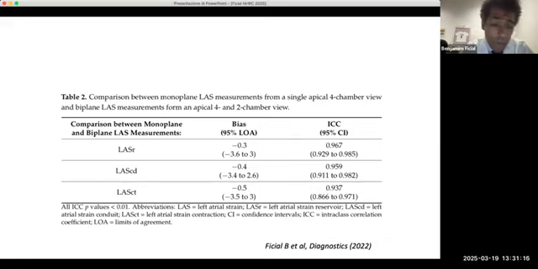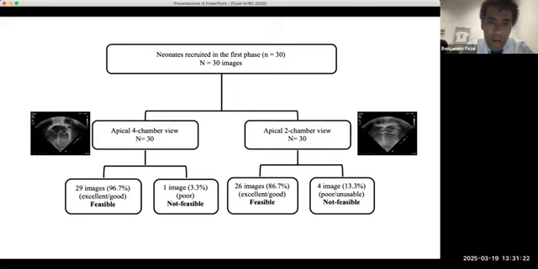And from a practical perspective, these methods appear to be interchangeable. However, due to the superior feasibility of the apical four-chamber view compared to the apical two-chamber view, at least in our hands, we decided to include only the calculation of monoplane left atrial strain in our protocol.